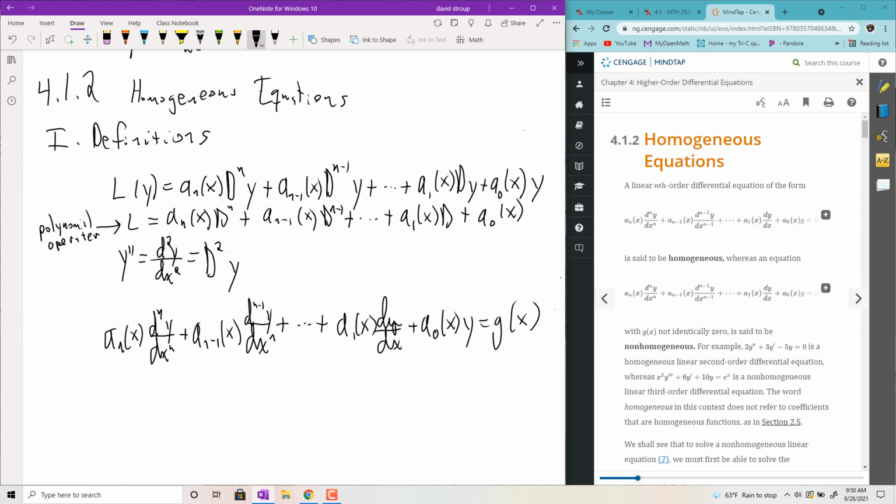In order to write that out, now we can write L of y just plain old equals g of x.